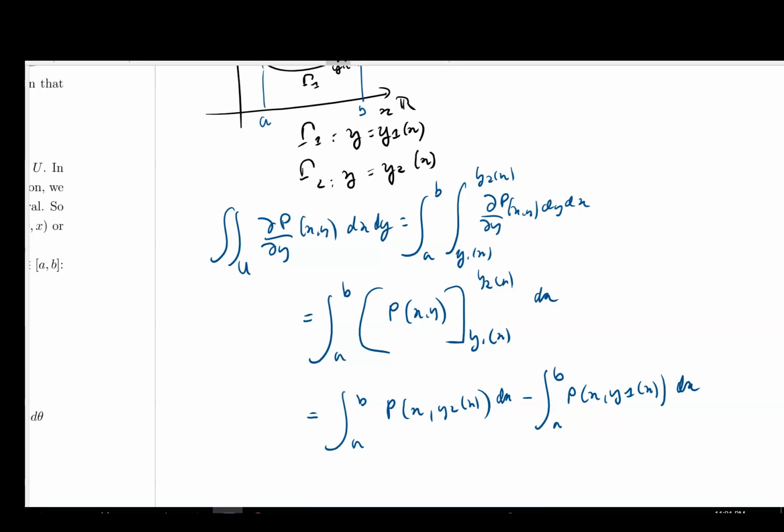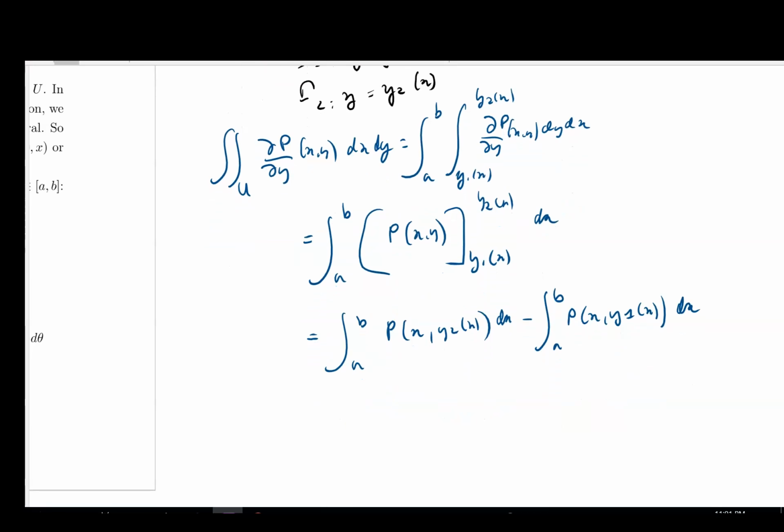Maybe you can remember that this is exactly a line integral. This is denoting the line integral on the curve that is described by, let's call that gamma 2, where my parameter is obviously x: x is equal to x, and y is equal to y2 of x, and x belongs to [a, b].